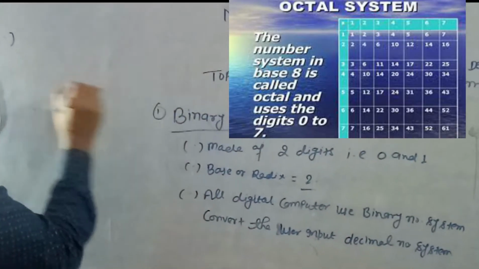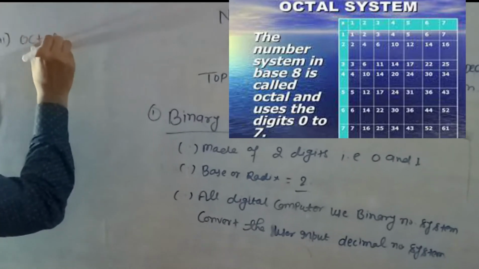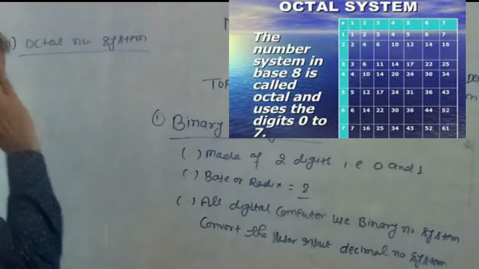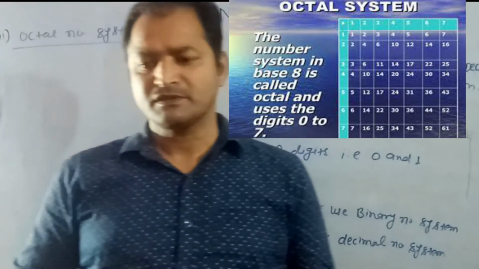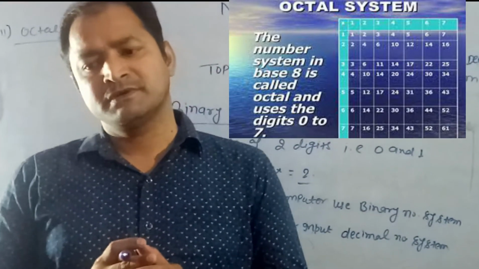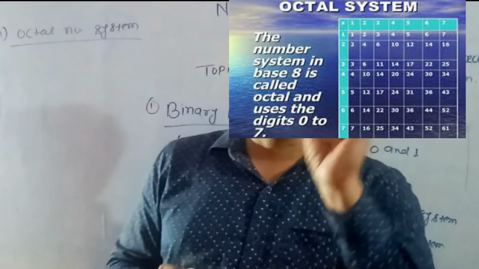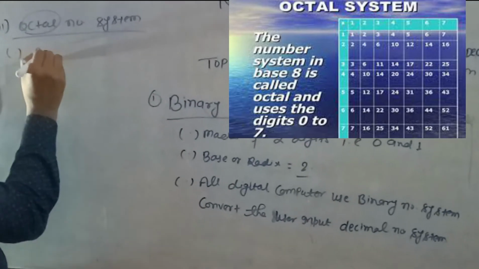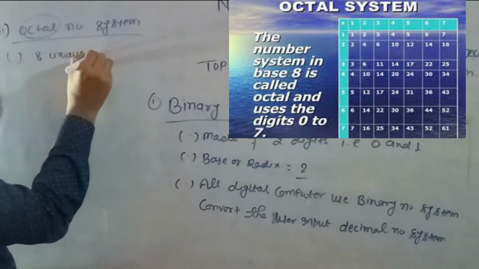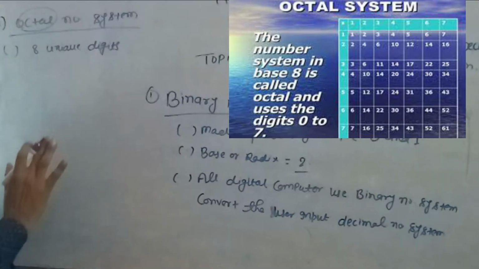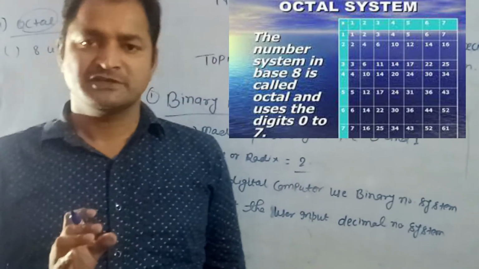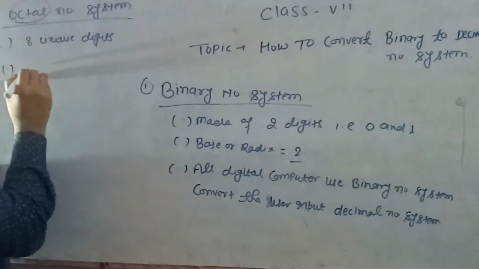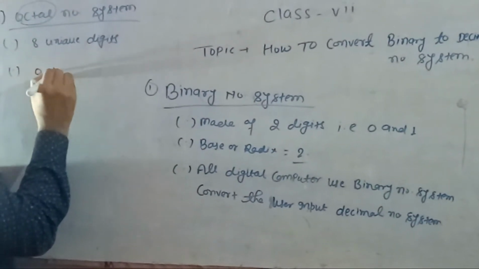The second point, octal number system. Every student remembers from previous classes, in the octal number system there are 8 unique digits, from 0 to 7.